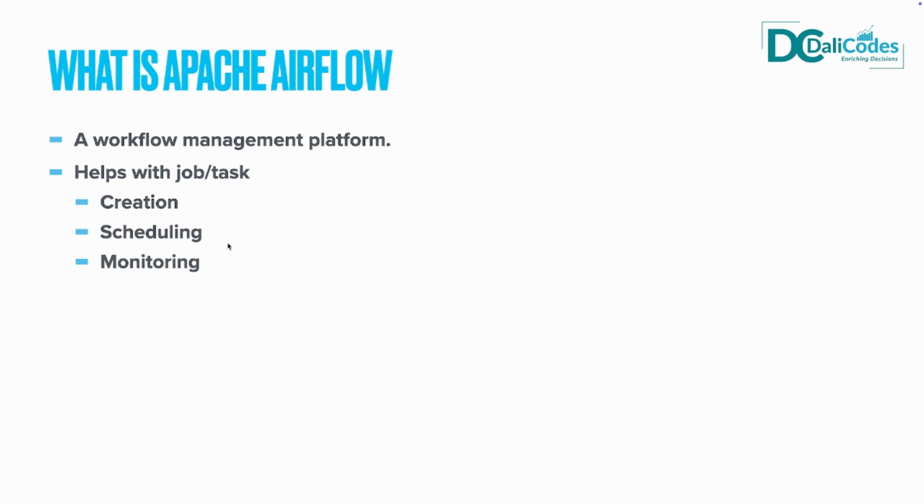And lastly, Airflow helps you monitor tasks. Airflow has a web UI where you can see how your tasks are executing. It helps you to set alarms if, for example, your task fails to run or it misses to run because of some particular random reason, or if the task just takes long to run, you can set an alarm, and an alarm can be sent to any messaging service of your choice.